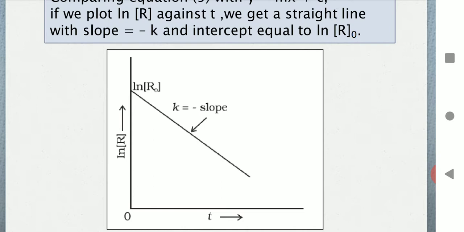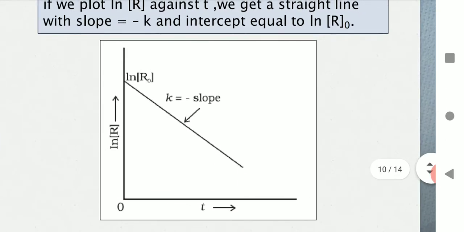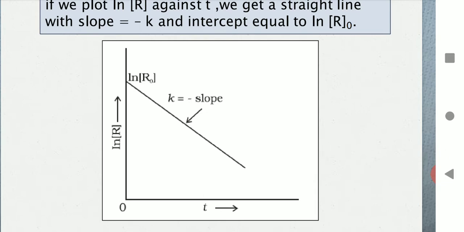So if you are plotting ln R versus time, then the graph, which will be a straight line with a negative slope, will be a graph which is obtained for a first order reaction. So if you are asked a question in which the graph is given and they are asking you to predict the order of reaction, then the only thing that you have to remember is that you have to be careful in observing the two variables which are plotted, one on the y and the other on the x-axis.